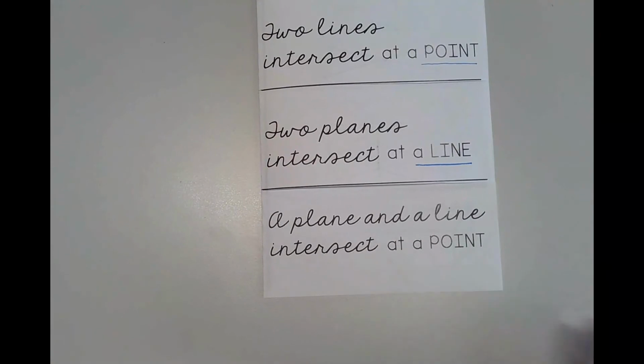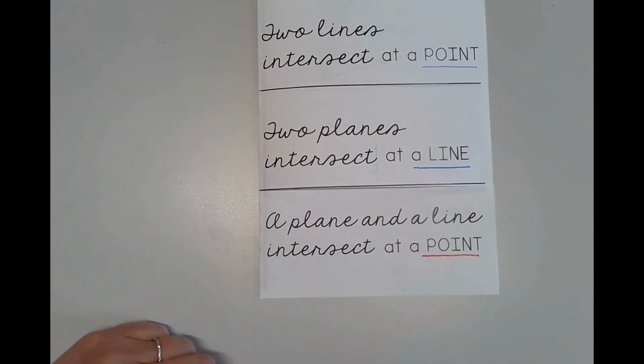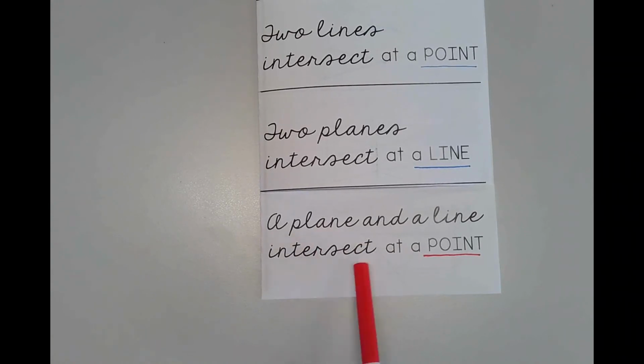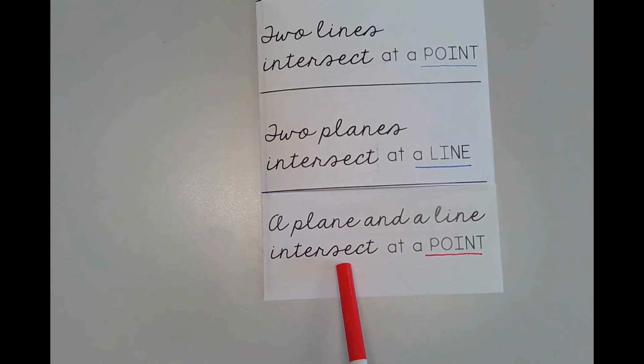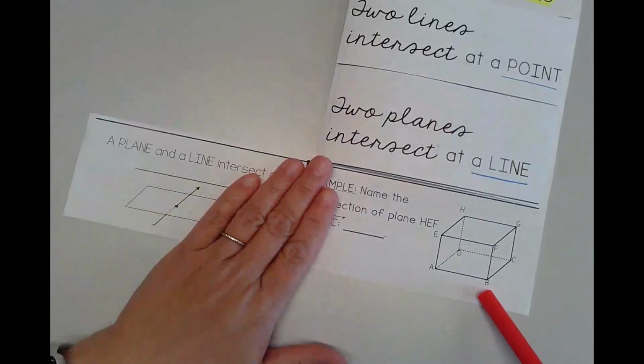And then the last one, if you have a plane and a line, those are going to intersect at a point. And when I think of that, I kind of think of the plane being like the dartboard, and then the line being the dart. I mean, that's not a perfect example, but that's just maybe one way you could think of it.